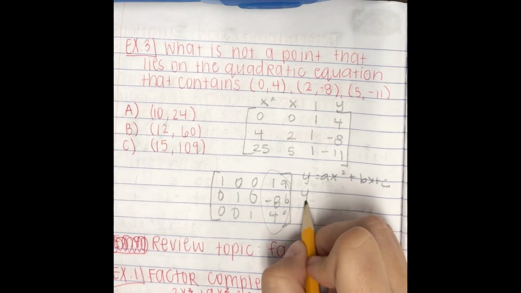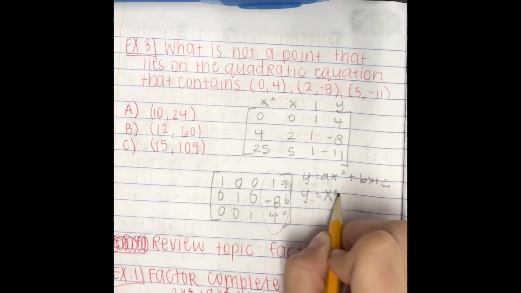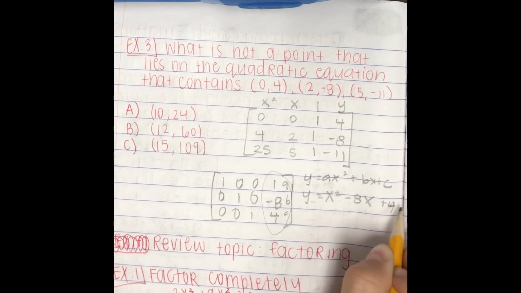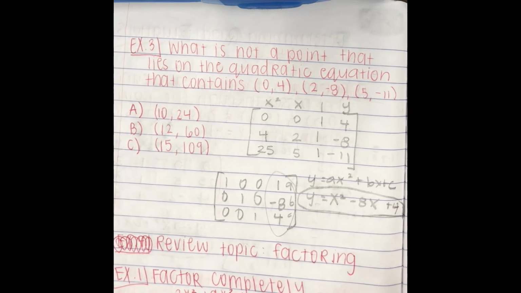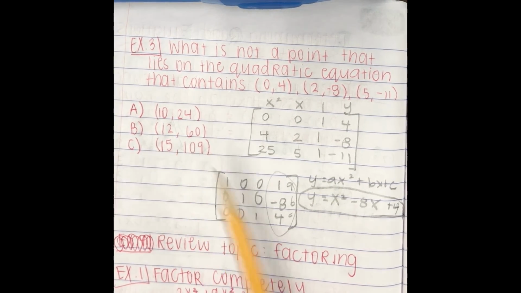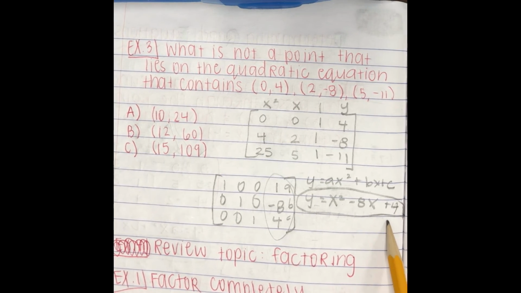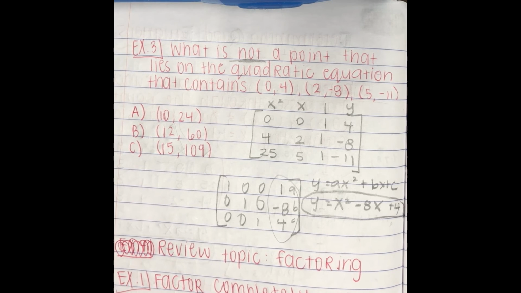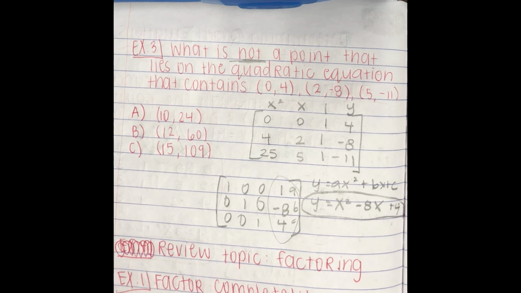That means we have y equals 1x squared minus 8x plus 4 as our answer, okay? But I want to know which of these points are not on here, right? Which is not a point on our quadratic equation. So what I need to do is graph it, okay?